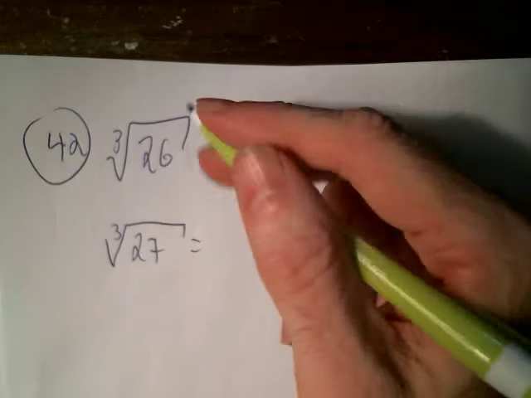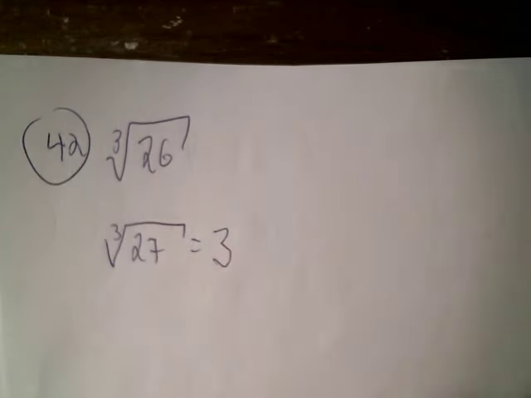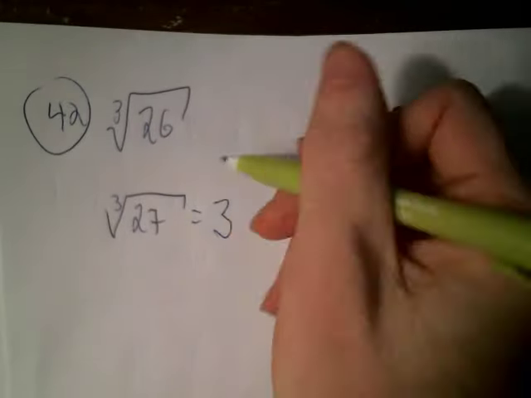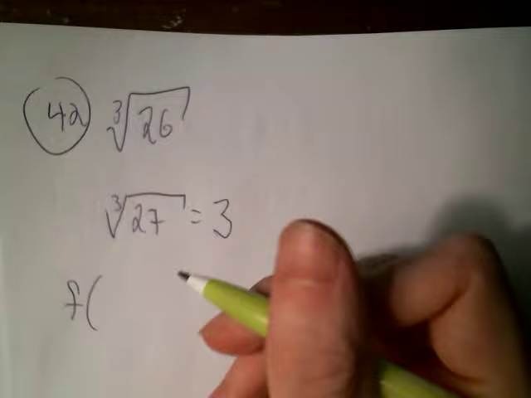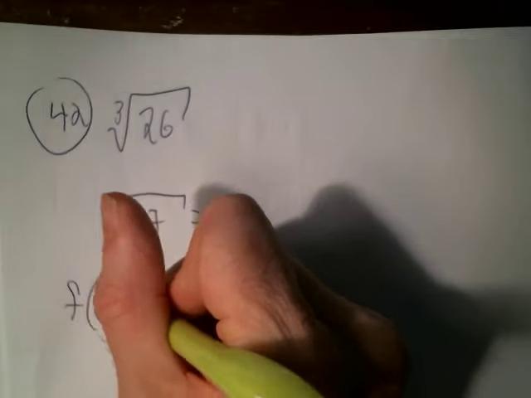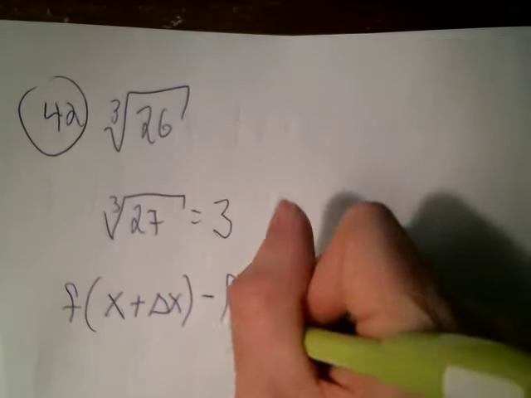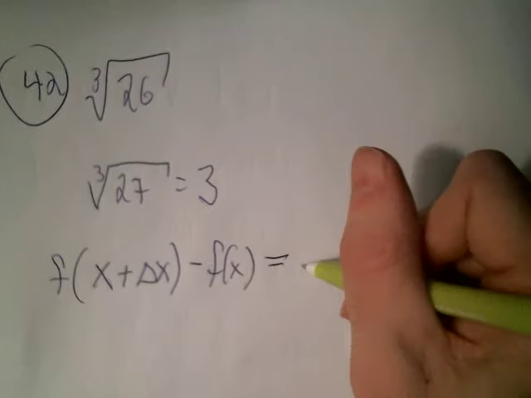So the cube root of 27 I know is just 3, right? So the cube root of 26 I can rewrite as f of x plus change in x, and I know that minus f of x can be approximated with the differential dy.